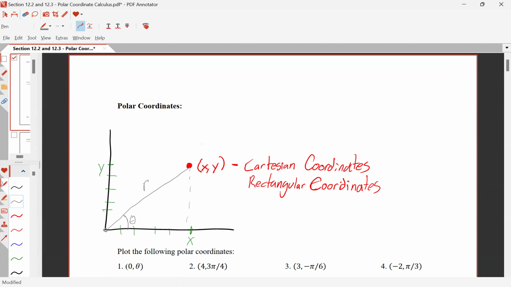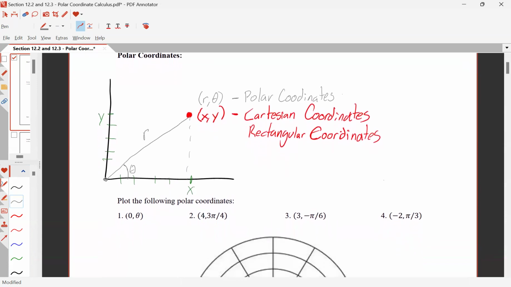And we can use that radius and that angle to name off the same coordinate. And this is known as polar coordinates. So this is another coordinate system to be able to plot points and get some unique curves that we haven't been able to work with before when we're working in Cartesian and rectangular.